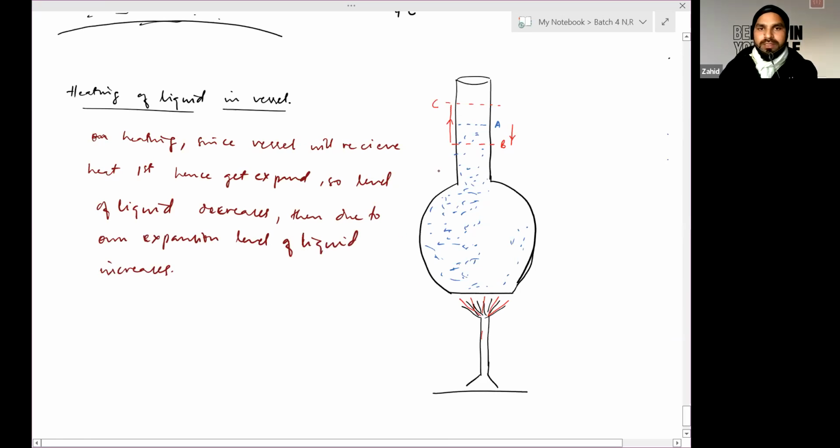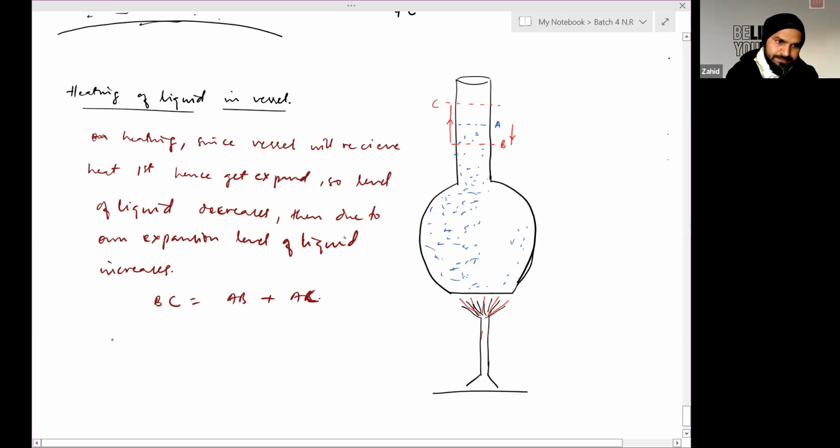So if you have to define the relation between these three different terms, AB, AC, and BC, we can write BC equals AB plus AC. BC is the actual expansion or real expansion of liquid.